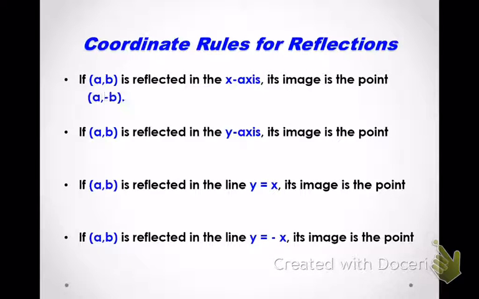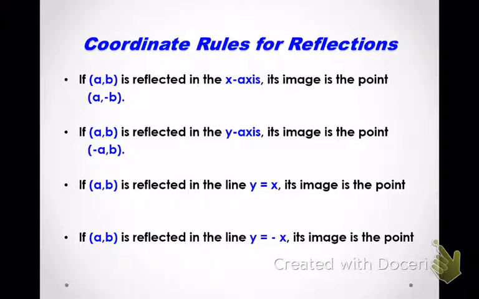You don't necessarily need to memorize that it's A, negative B, because you know that's what you were doing. And across the y-axis, you change the sign on the A value. Those two, again, you can figure out by looking at the graph and counting. Where it's difficult to count is when the reflection is at a diagonal.